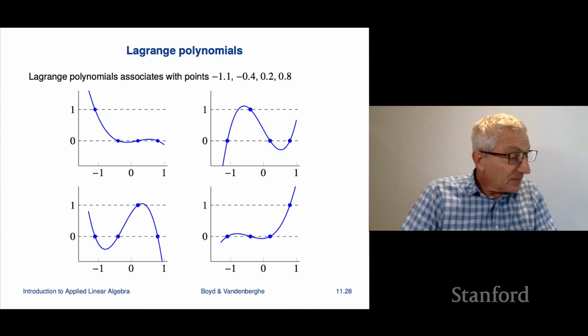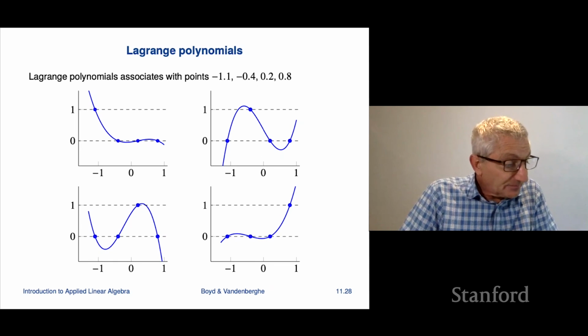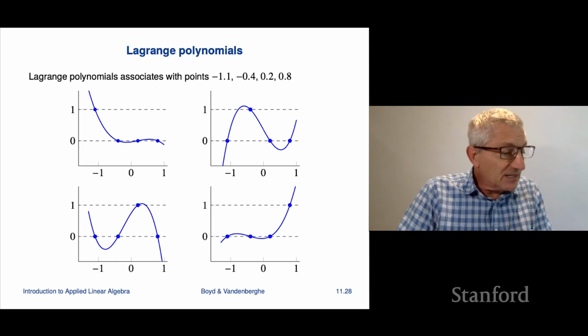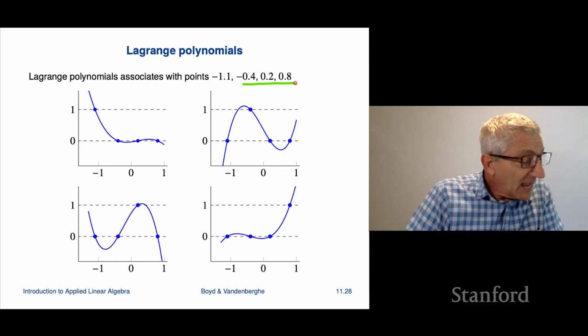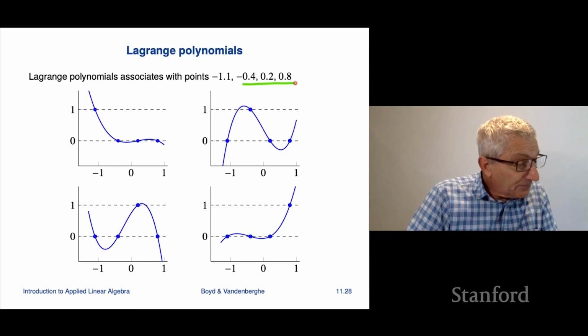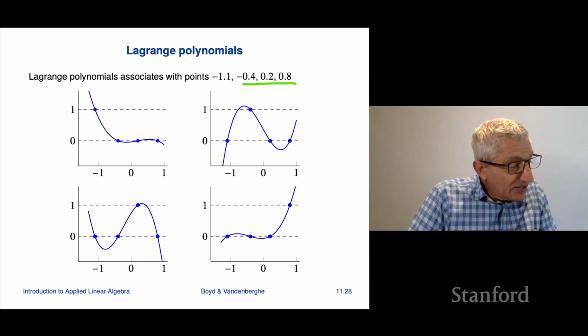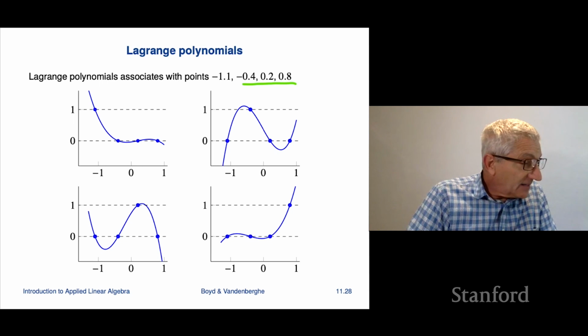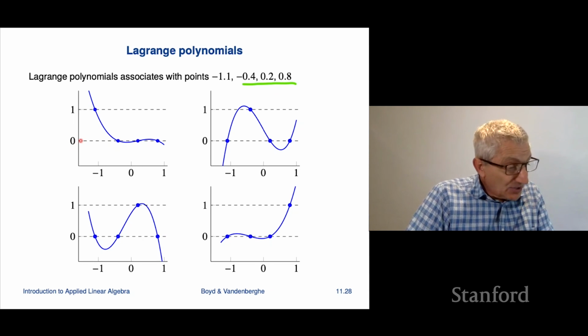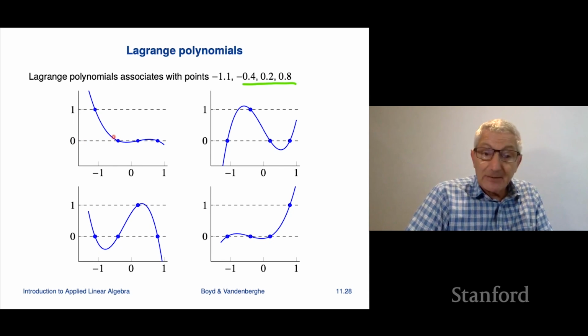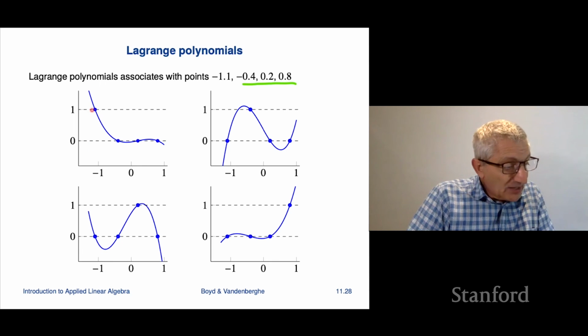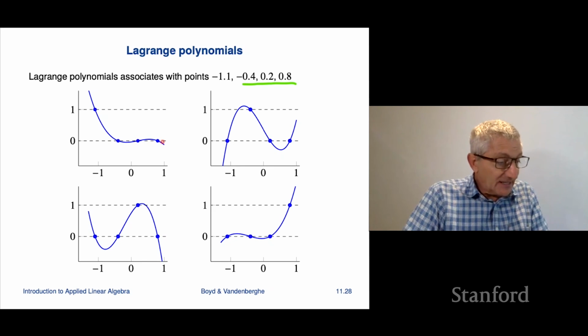Here's the first Lagrange polynomial associated with these points. It's a cubic, and sure enough, at minus 1.1, it's 1. At minus 0.4, it's 0. It's again 0 at 0.2 and also at 0.8.